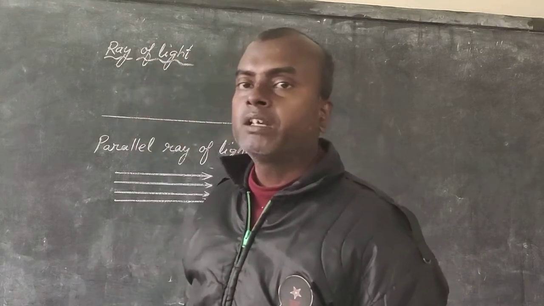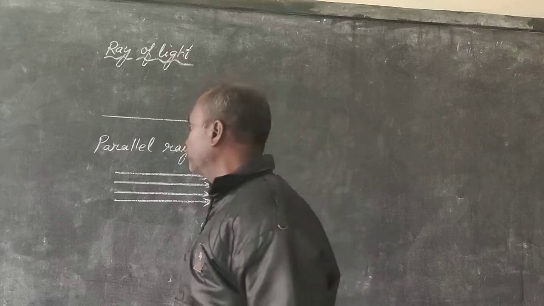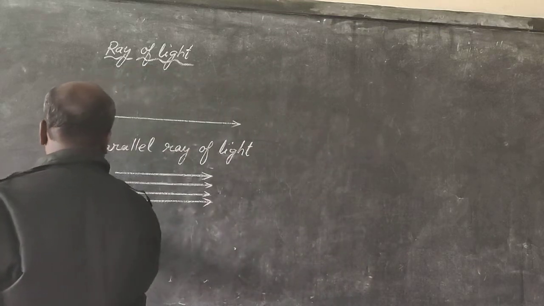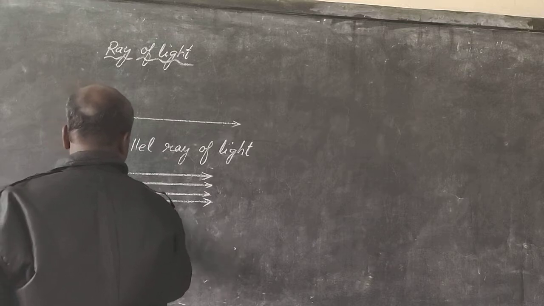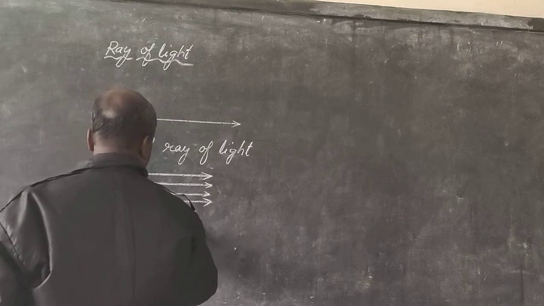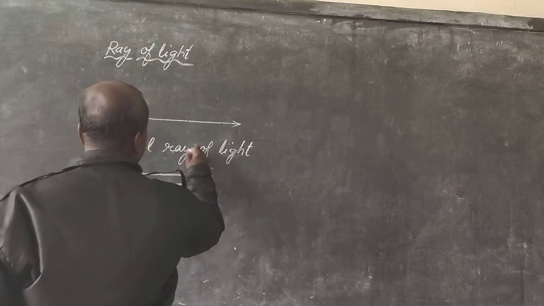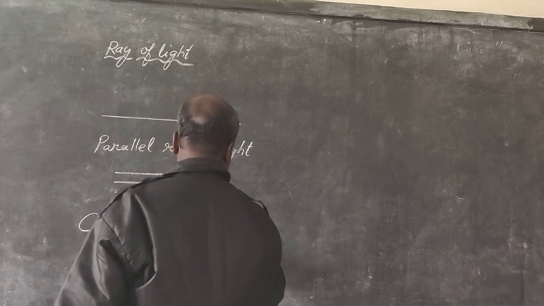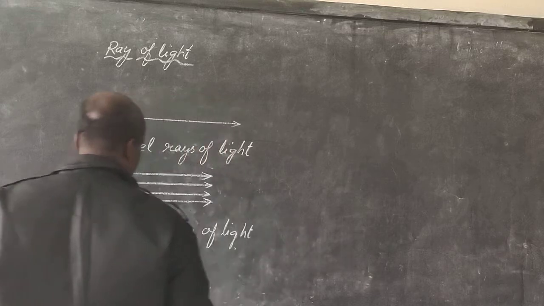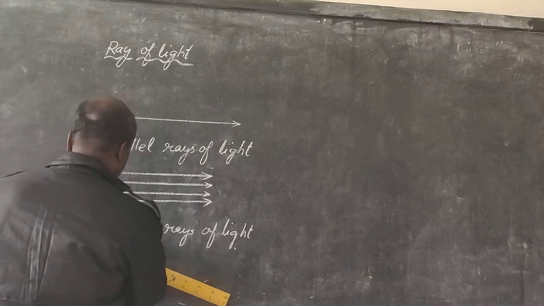Now there can be converging and diverging rays of light also. Converging rays of light. Now what is converging? It's like this.